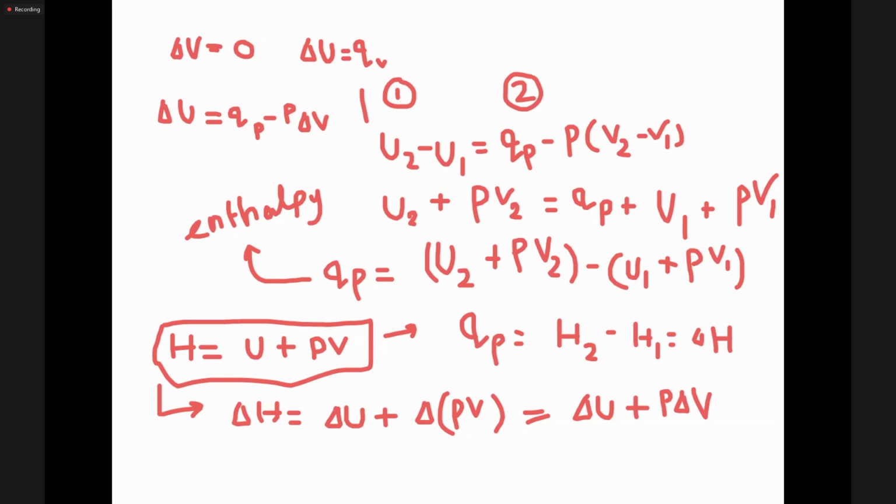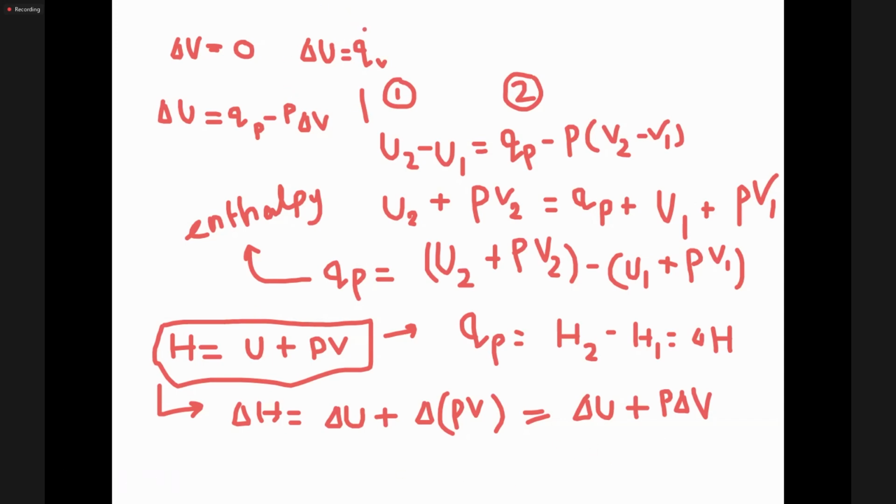For an exothermic reaction, where the heat is generated from the reaction, delta H will be negative. And the opposite is true for endothermic reactions, where the system is absorbing heat from the surroundings.